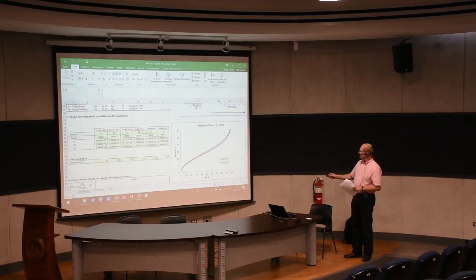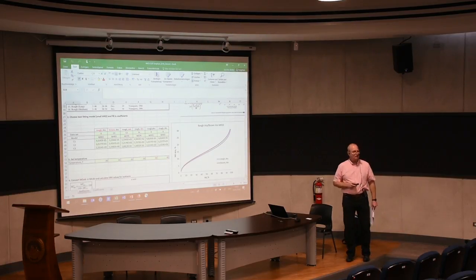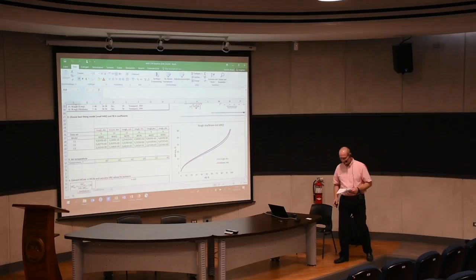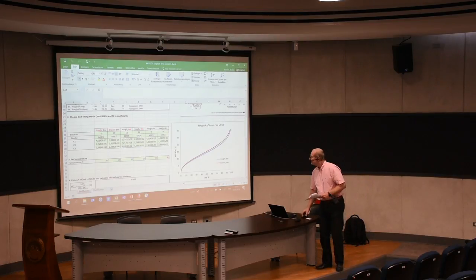The red curve for brown rice, the blue one for rough rice, and it's meeting our hypothesis. That was our hypothesis, that the brown rice will be higher, more hygroscopic, because of less fiber. The husk is removed from the brown rice.